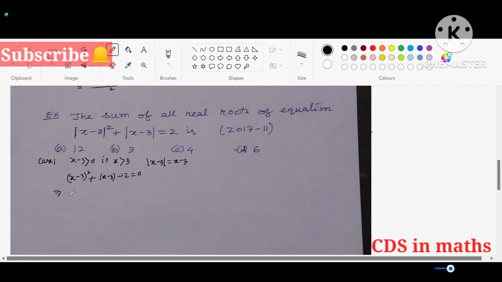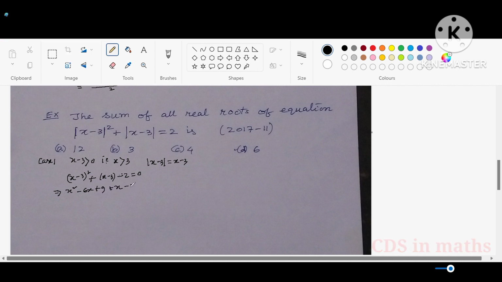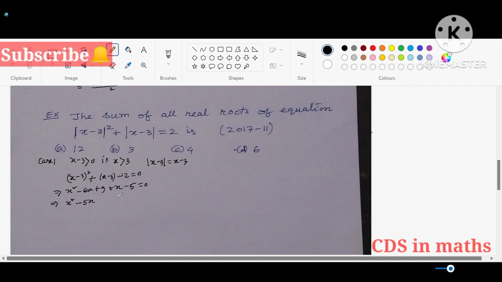If I open it using a minus b whole square, it will be x square minus 6x plus 9 plus x minus 3 minus 2, which is minus 5, is equal to 0, or x square minus 5x, that is minus 6x plus x, plus 4 is equal to 0.